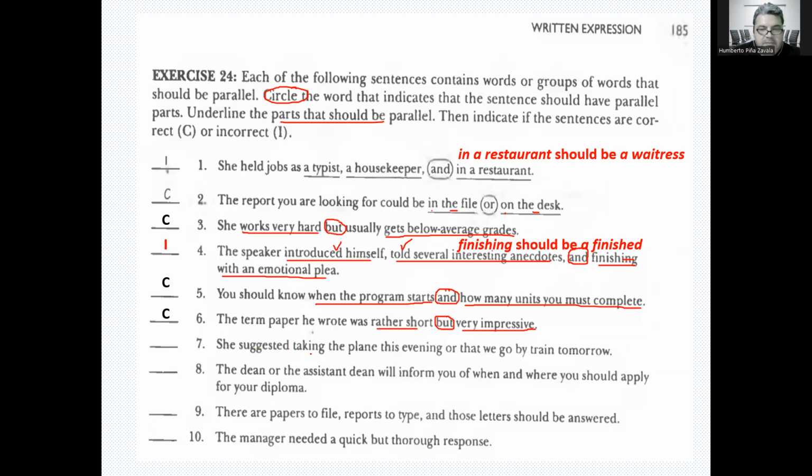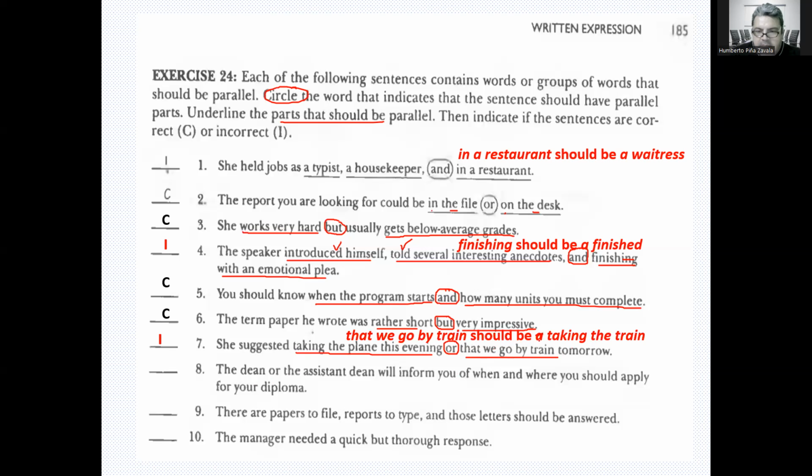She suggested taking the plane this evening, or can we go by train tomorrow? Taking that we go, that will be different. So should be just taking the train, taking the plane, or taking the train. Okay.